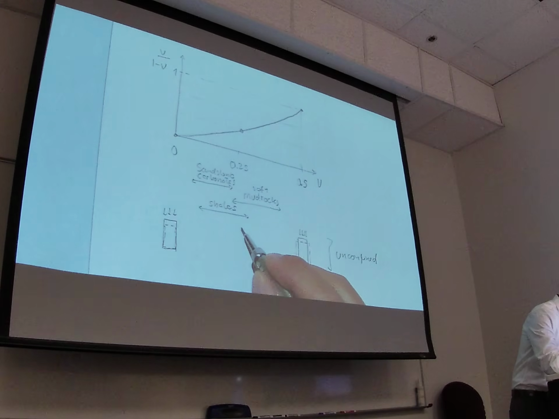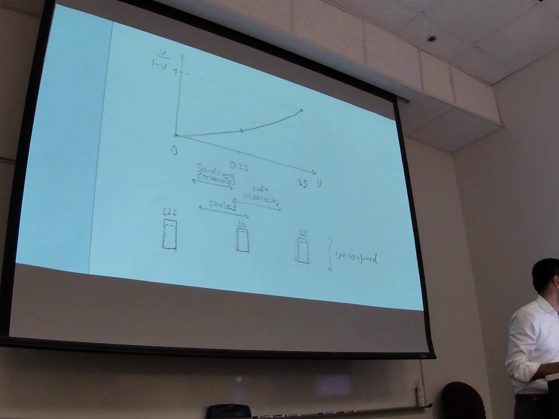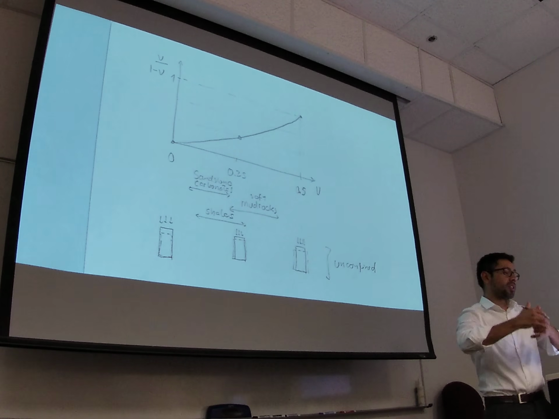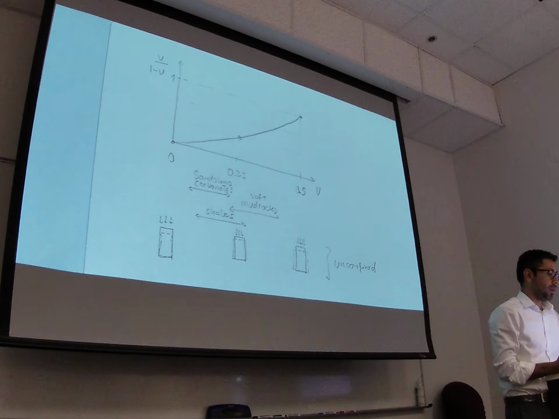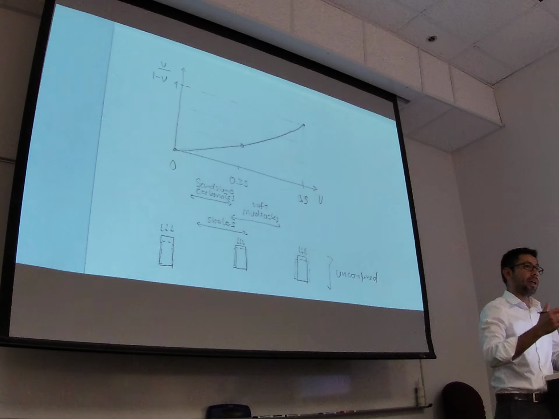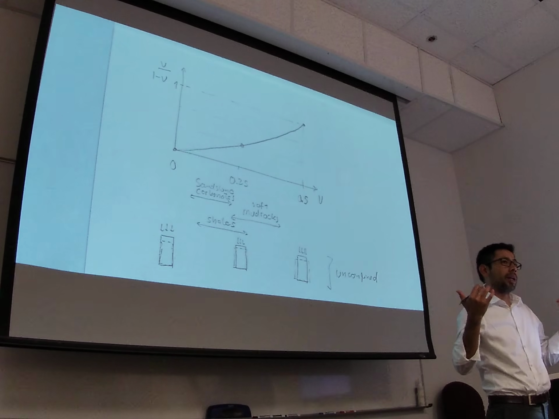And something intermediate would be something that just expands a little bit to the sides when you load it vertically. So the capacity of rocks to expand laterally is going to control how much stress you get in the horizontal direction.